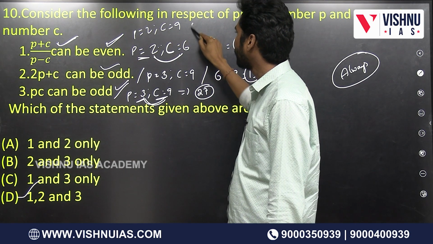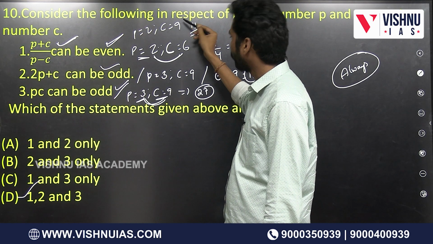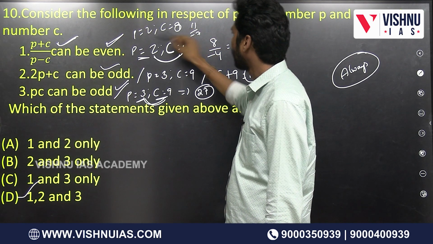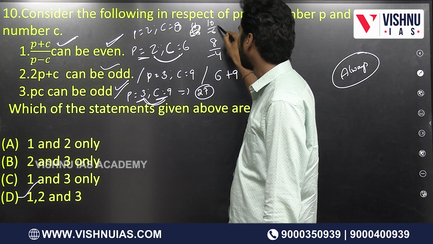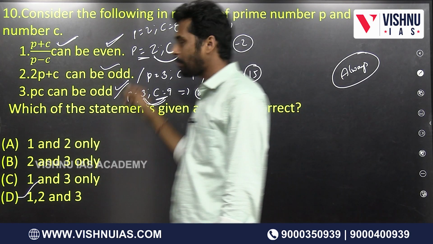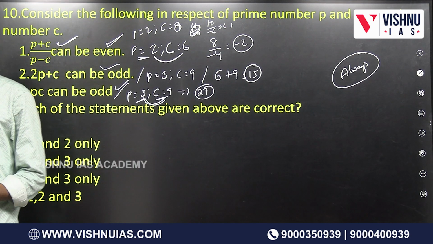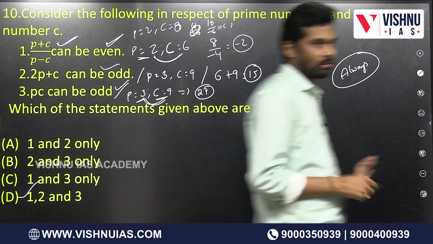So 2 plus 9 is 11, 2 minus 9 is minus 7. Take one more number, say 8: 2 plus 8 is 10, 2 minus 8 is minus 6, which means we get decimals. Suppose it is not correct, then obviously it is wrong, when the word always is given.